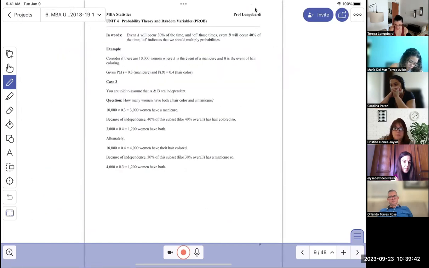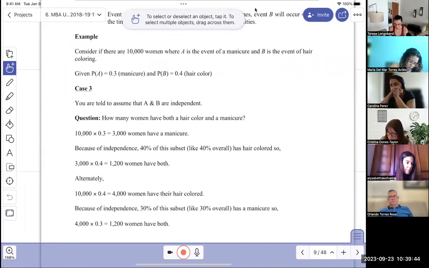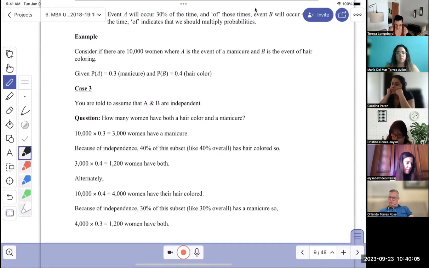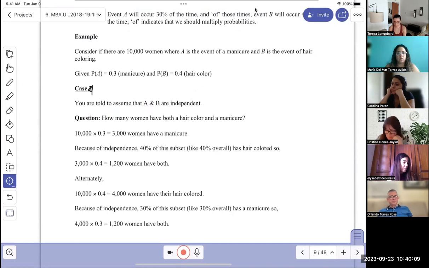I give this example to consider the long run relative frequency in the manicure. Oh, okay, I made A manicure and B hair color. Anyway, using the long run relative frequency concept, let's say you have 10,000 women going into the salon, an independent case. This is actually case 4, like in the 4th drawing.